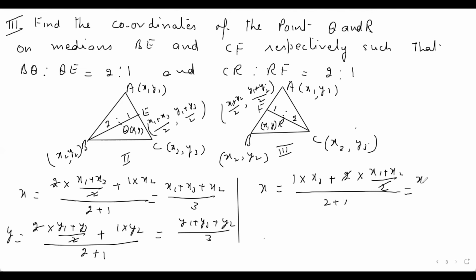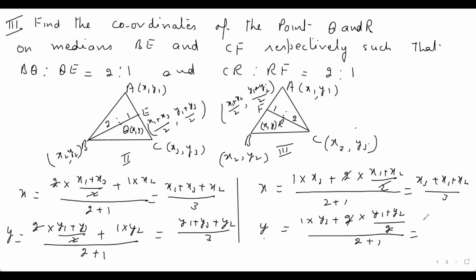So this is equal to (x3 plus x1 plus x2) upon 3. Similarly, y is equal to 1 multiplied by y3, 2 multiplied by (y1 plus y2) upon 2, upon 2 plus 1. This and this cancelled. So I have (y3 plus y1 plus y2) upon 3.